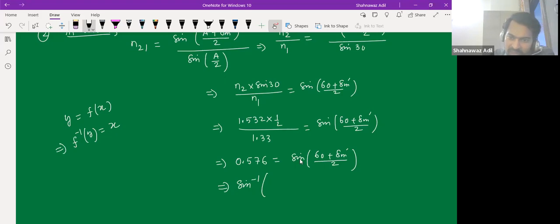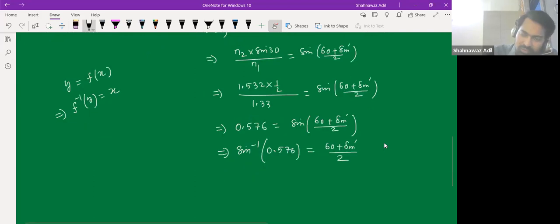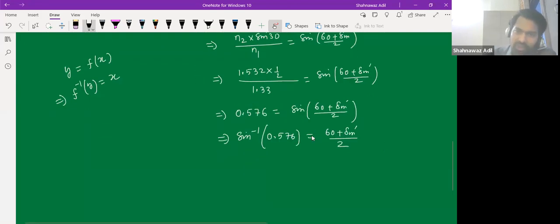Similarly, this is the sine function. If I take it to the left hand side, this would be sine inverse. If you don't have mathematics, just understand that this is the sine function, and if I take it to the other side, then it becomes the inverse function.